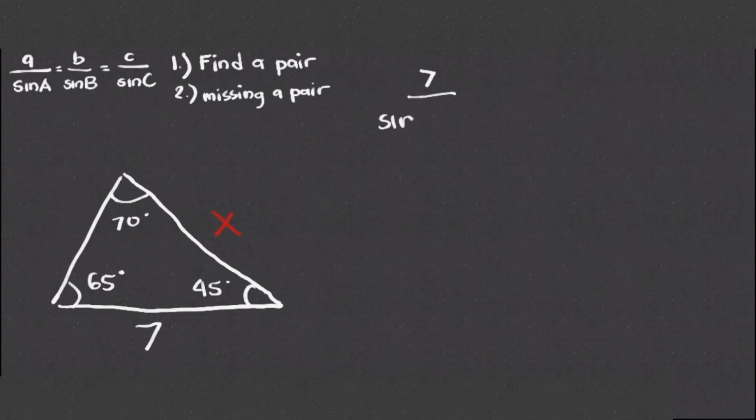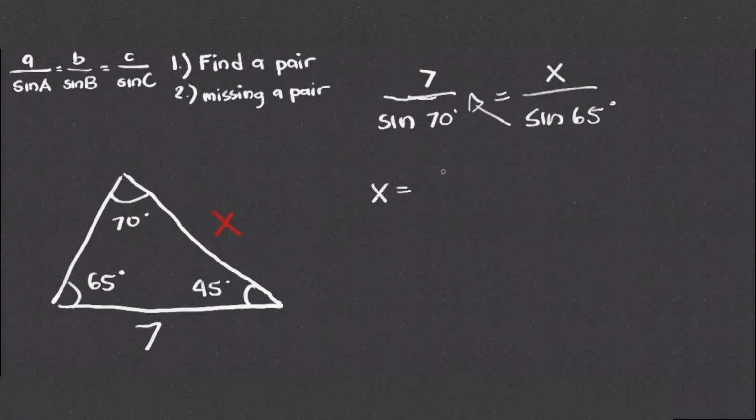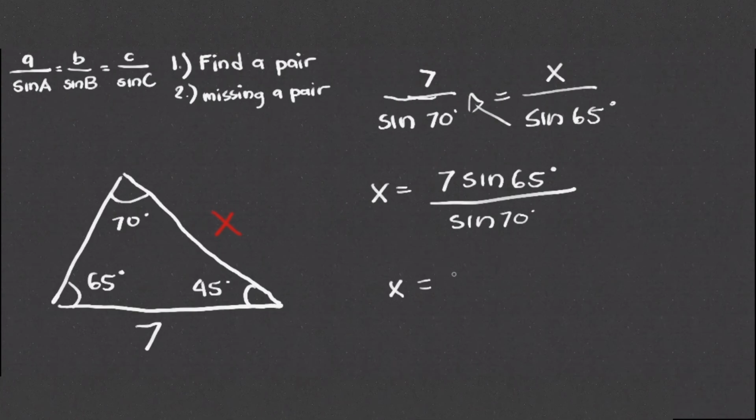So 7 over sine 70 degrees is equal to x over its angle, sine 65 degrees. So you cross multiply the sine 65 degrees to the 7. X is equal to 7 sine 65 degrees over sine 70 degrees. Therefore, x is equal to 6.75.